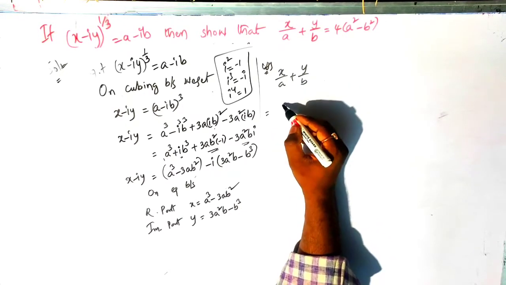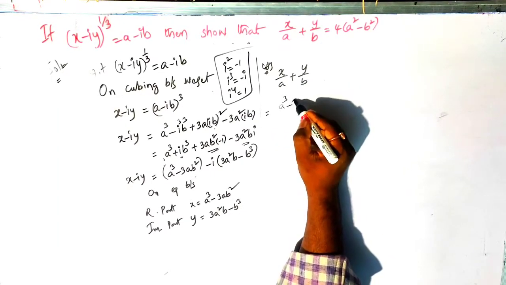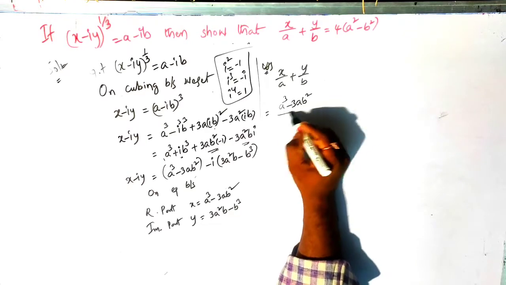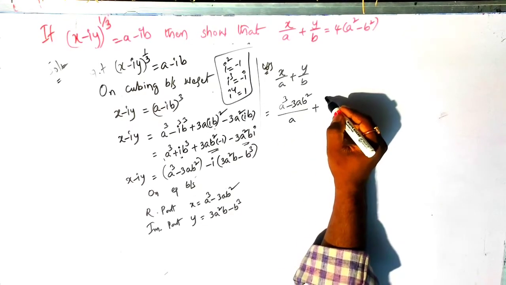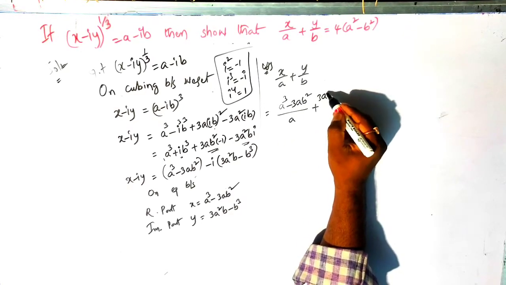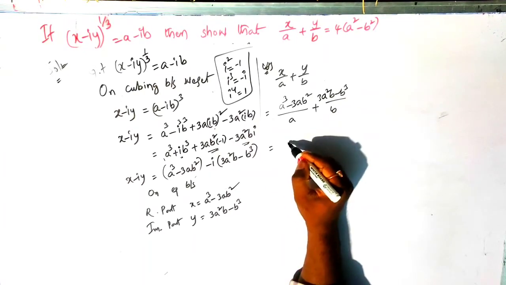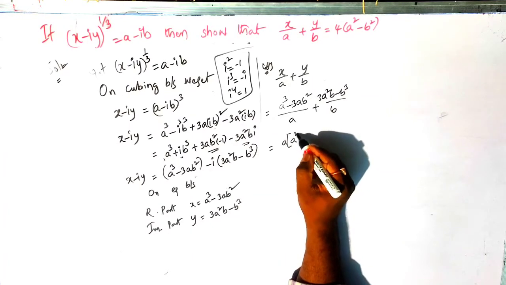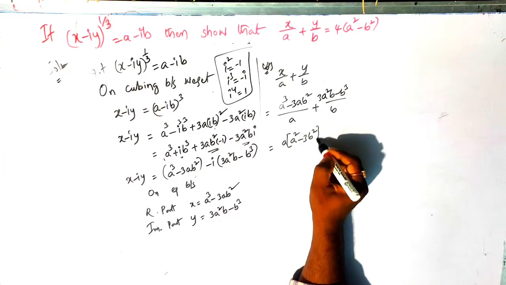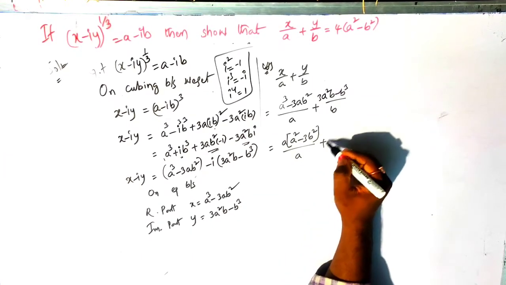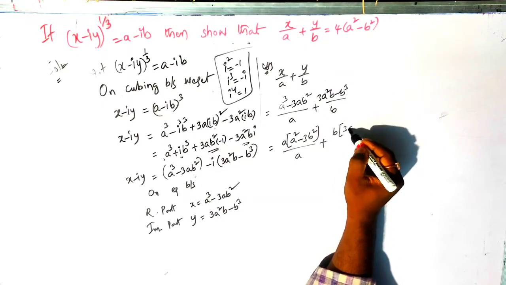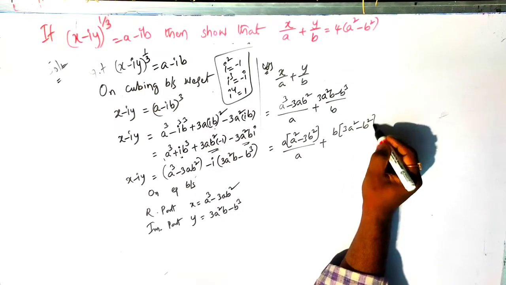So what is x? a cube minus 3ab square by a, plus y, 3a square b minus b cube by b. Take common a square minus 3b square by a, and take common b, 3a square minus b square by b.